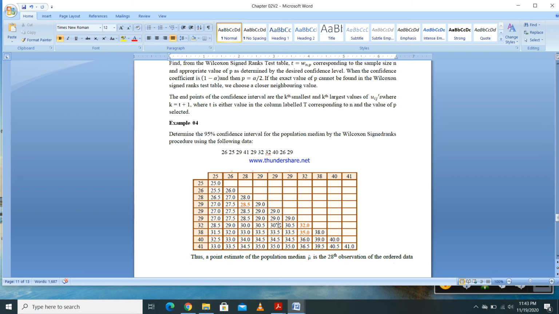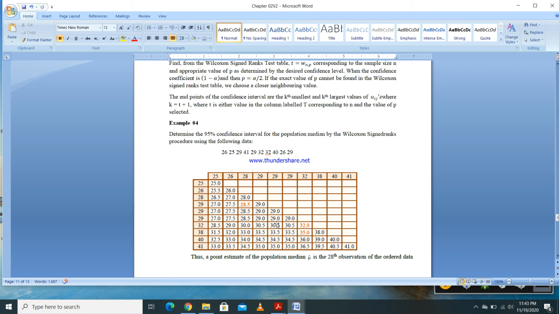After calculating these mean values, you have to arrange them again in ascending order, and then we can find an estimator for the median. We can just find a point estimator for the median.